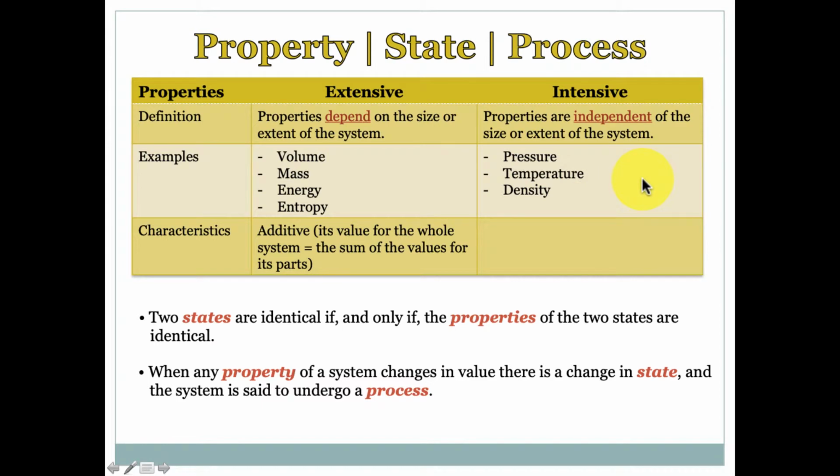Like I said, in figure A, the assembled barbell and weight plates placed at room temperature is 20 degrees Celsius, but the temperature for the several parts should or could not be the same as in figure A. The characteristic of extensive properties is that they are additive, which means the value for the whole system is equal to the sum of the values for its parts.